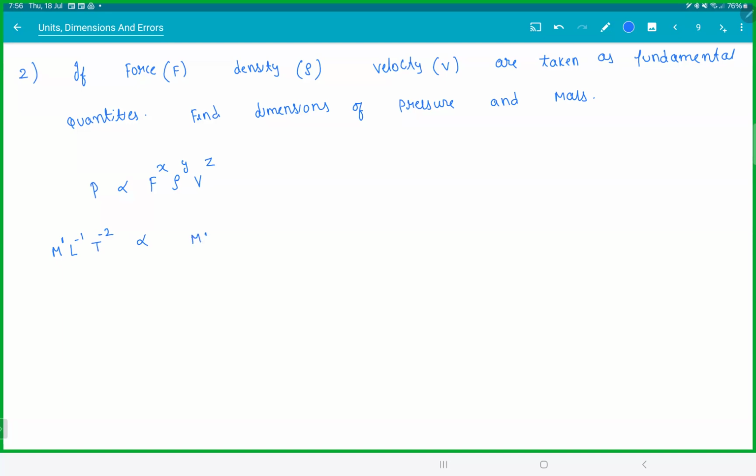This guy would be M L T minus 2 to the power of X. Density is mass by volume, so M L minus 3. Velocity is distance by time, so power Z. Bring all M's together: x plus y. L would be x minus 3y plus z. T will be minus 2x minus z.